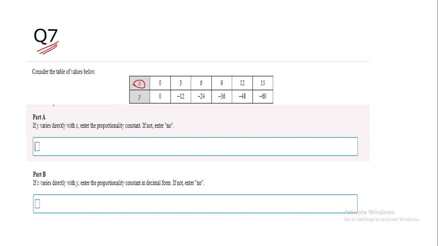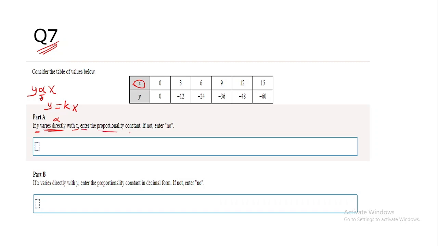Now I say, if y varies directly, which is, this is the symbol for proportional directly, with x, that means y is directly proportional with x. If you convert it, that means it would be y equal kx.